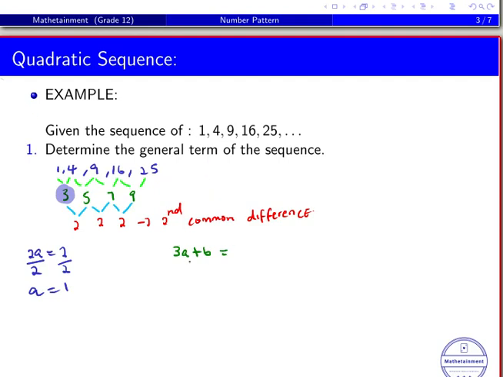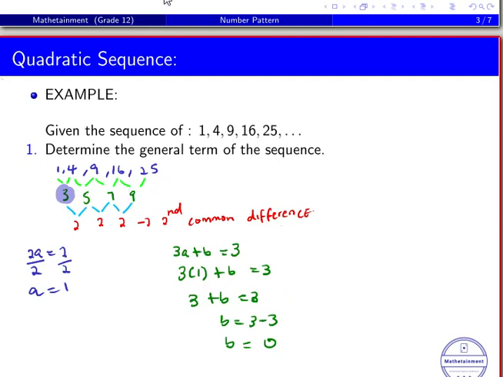Therefore, here 3a plus b is equal to 3. Now we know our a is equal to 1, so we have 3 times 1 plus b is equal to 3. 3 times 1 is 3, plus b is equal to 3. That makes b equal to 3 minus 3. Our b is equal to 0.